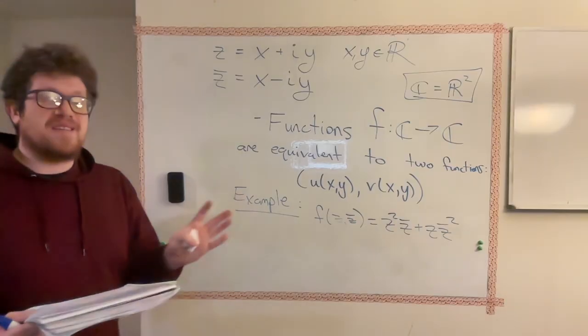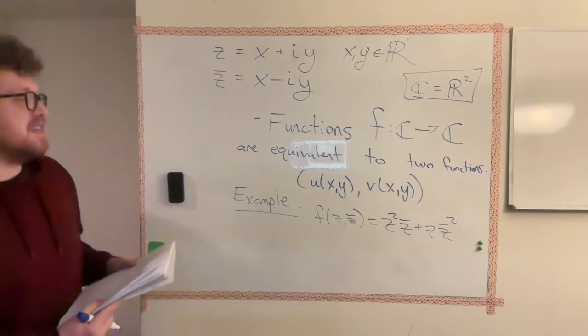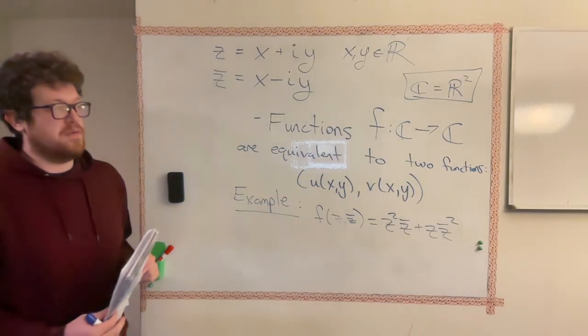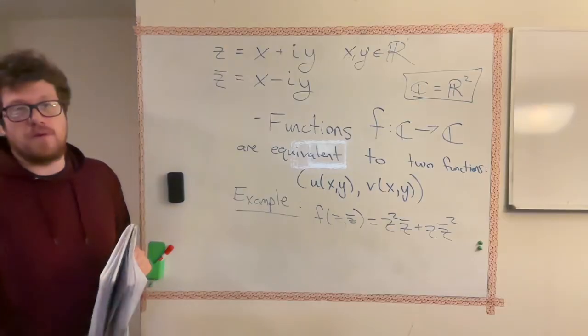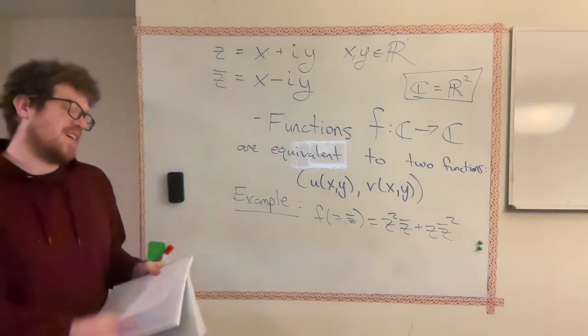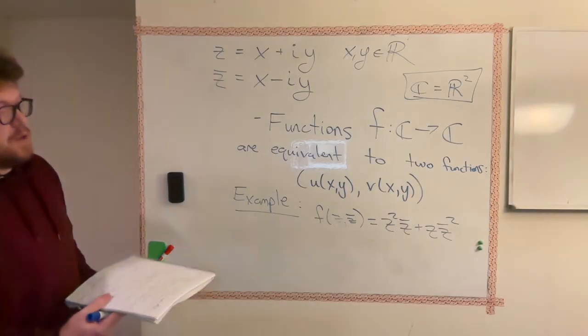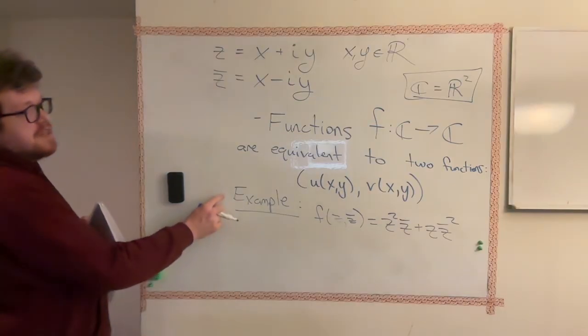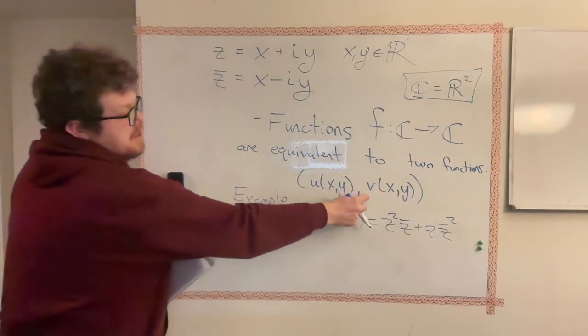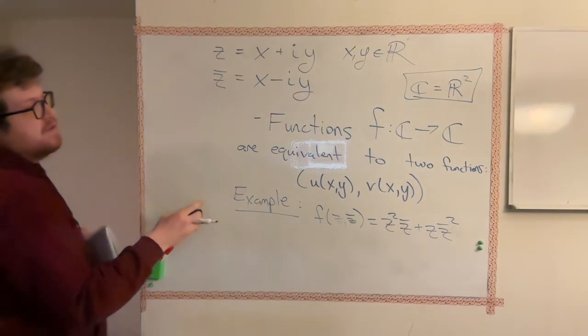Maybe I didn't explicitly prove that it all makes sense, but we at least showed how to do it for z1 and z2, two arbitrary complex numbers. Well, I guess that does define it. Right, so let's go real quick through this example. Let's try to convert this into u and v, and hopefully I don't mess this up.